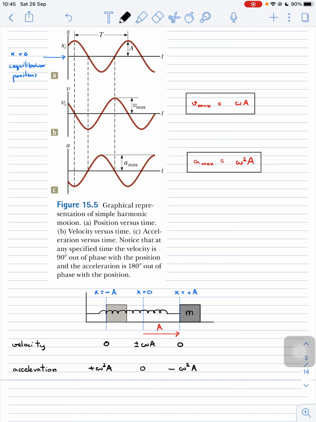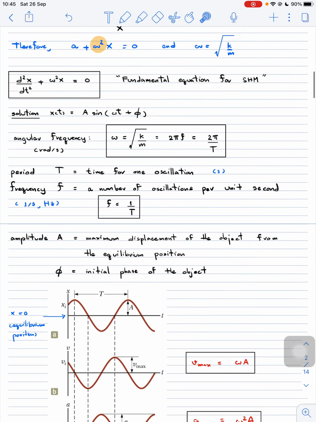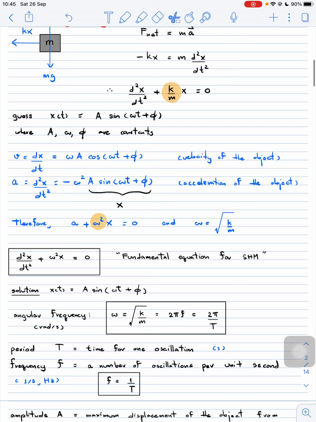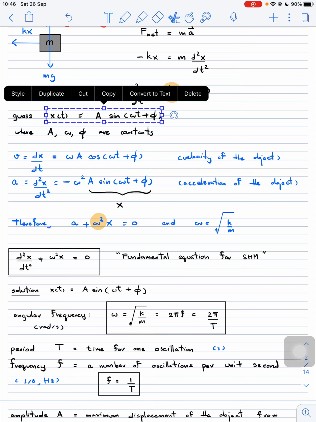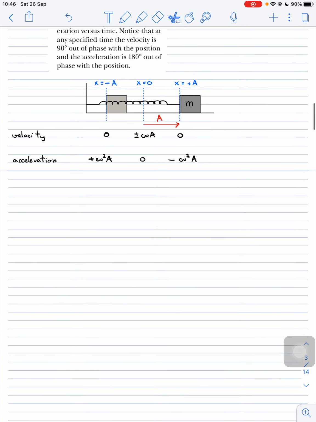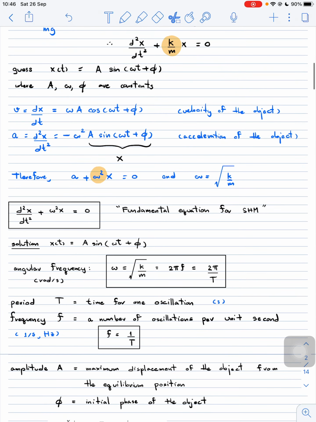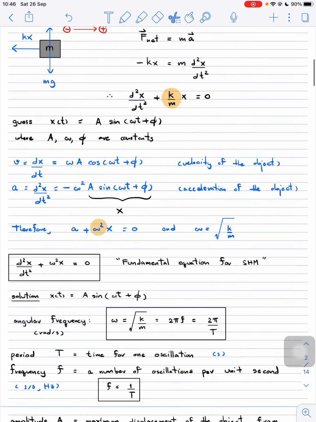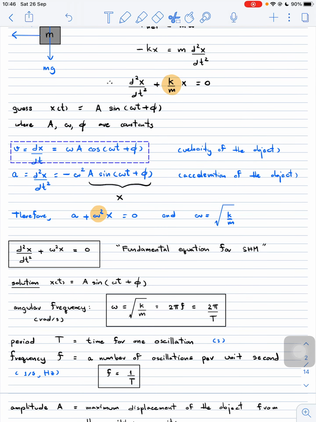Okay, so now we need to find the velocity of the object as a function of x, the position of the object. How? Let me copy these equations.